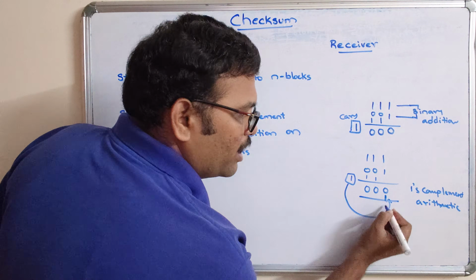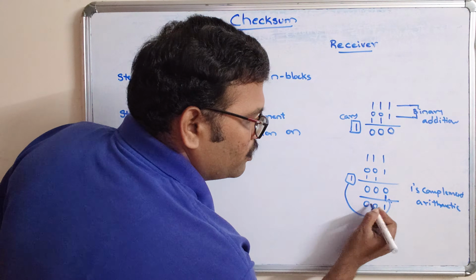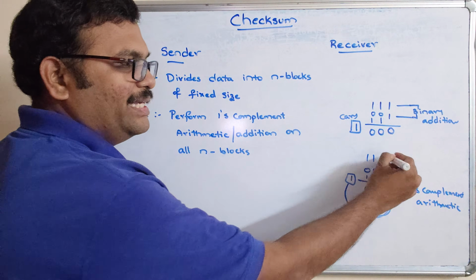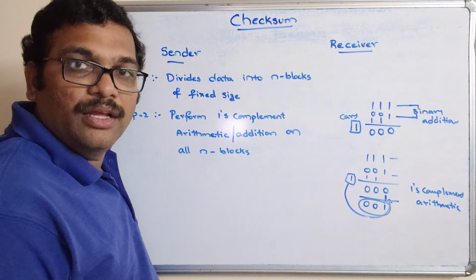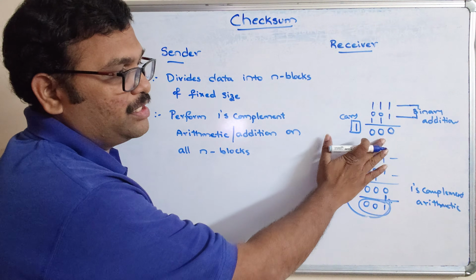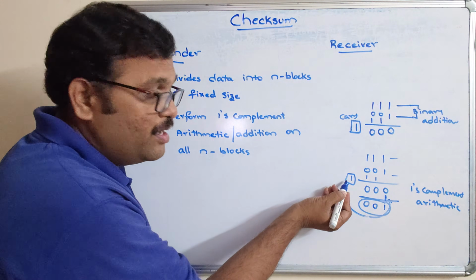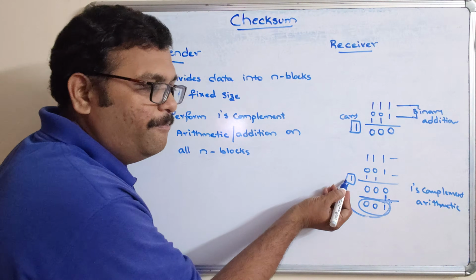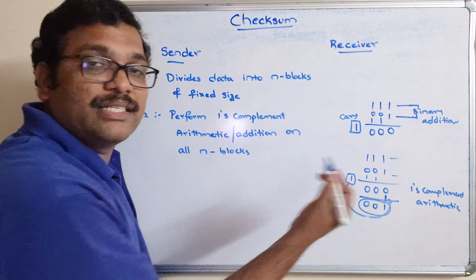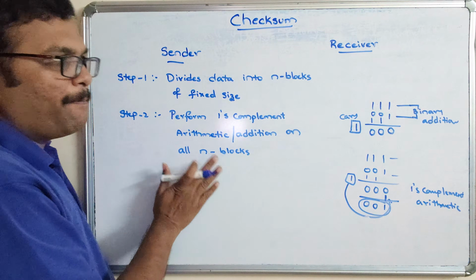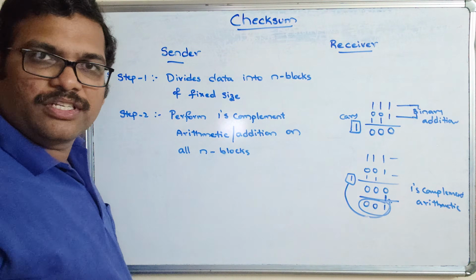So here it will be 1, 0, 0. This is the ones complement arithmetic result; if it is binary arithmetic, this is the result. Whenever a carry is obtained, that carry is added again to the LSB of the result. This ones complement arithmetic should be applied on all n blocks.